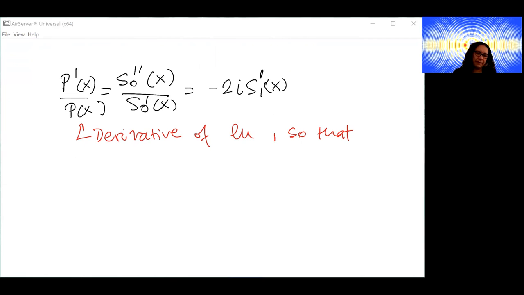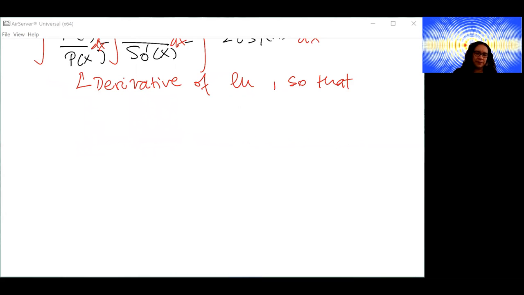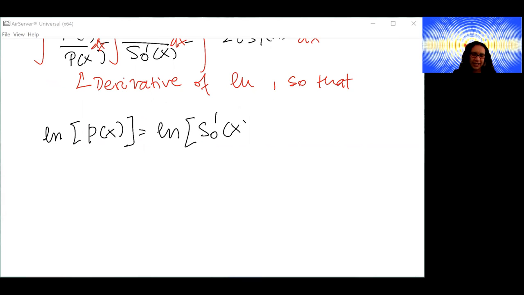So just chum, chum, chum, all with regard to x, dx, you're going to find that the natural logarithm of p(x) is equal to the natural logarithm of S0'(x), which is then minus 2i S1(x) plus c, which is a constant that's arbitrary.